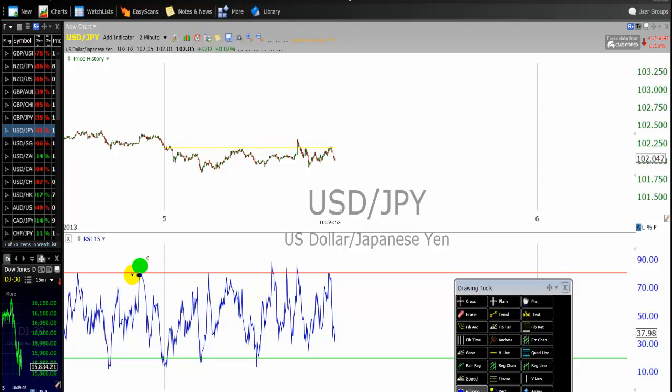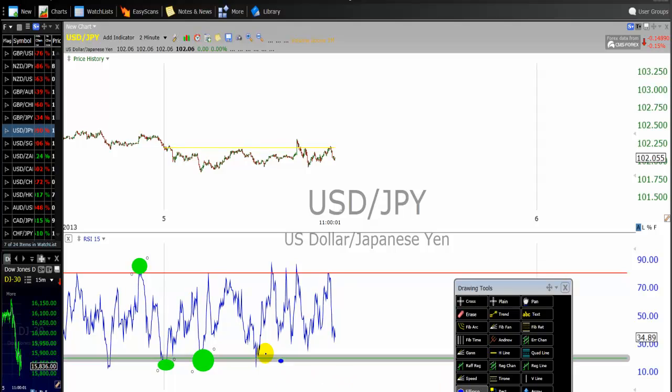Above 80, sell, below 20, buy. These are computers taking automated trades, following the rules or the algorithm that we have.